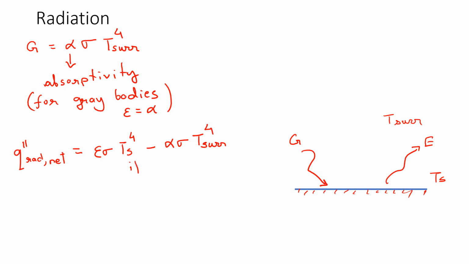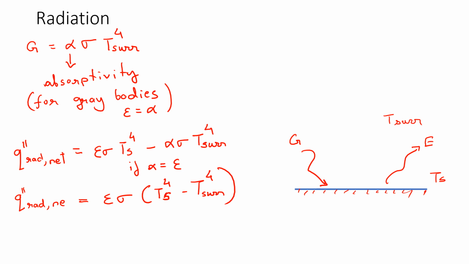Now if we assume alpha is equal to epsilon, our equation becomes epsilon sigma into Ts to the power 4 minus T surrounding to the power 4, and that's our net heat flux due to radiation.